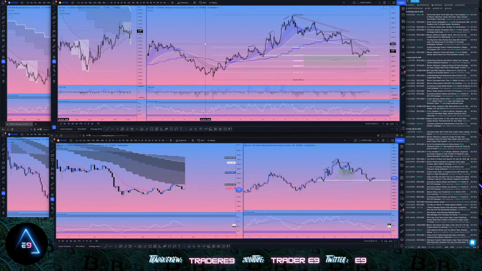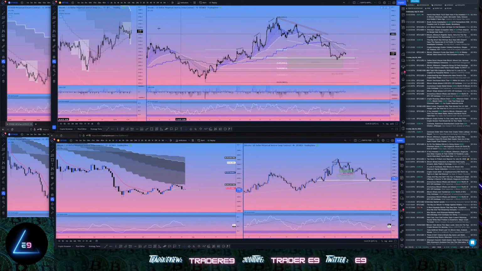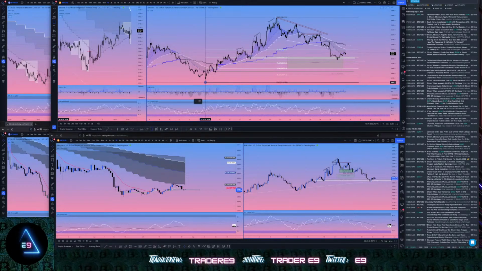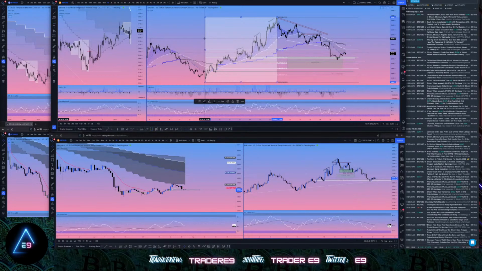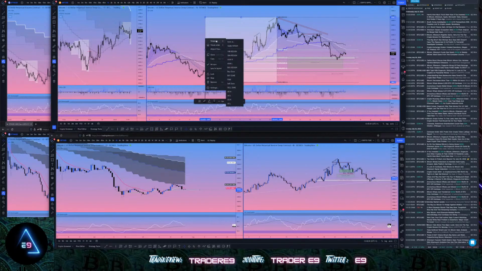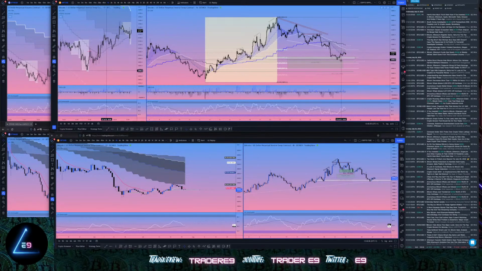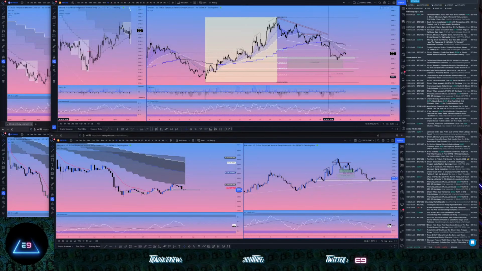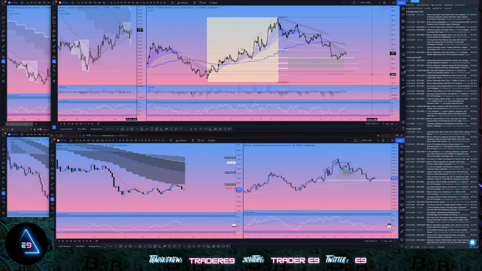It's a bit messy, but if I measure from the bottom to the top as a full wave, this is where this faded scaling zone is. So 61.8, 78.6, then you've got that 88.6 full wave at the bottom.